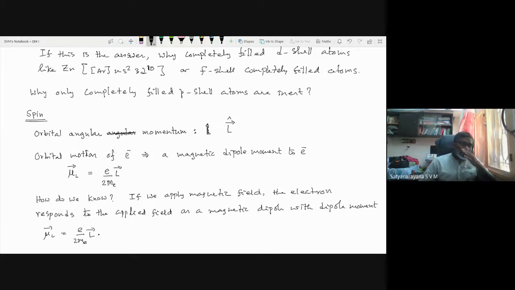We have solved one problem earlier where a hydrogen atom is kept in a magnetic field. The form of the Hamiltonian that we have seen, H1, is something like e by 2 m e into Lz when you apply the magnetic field along the z direction.